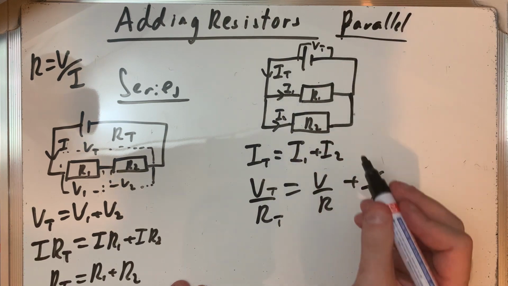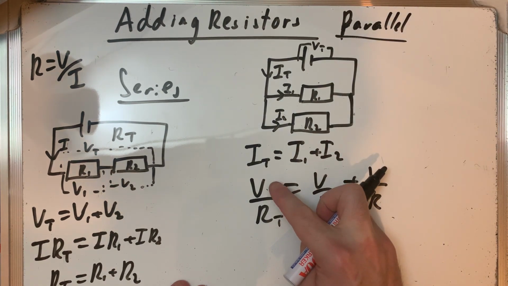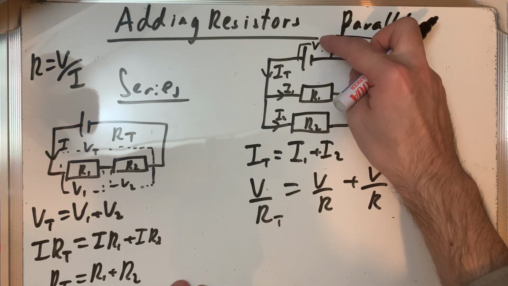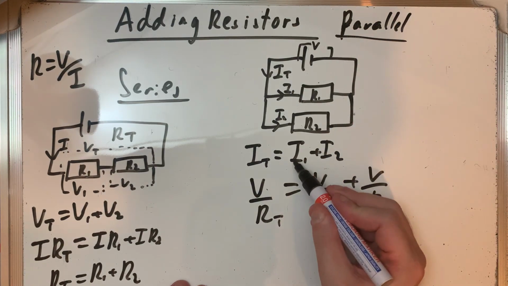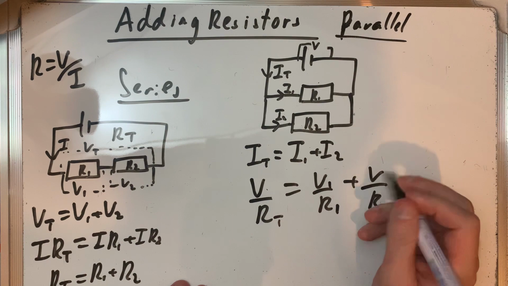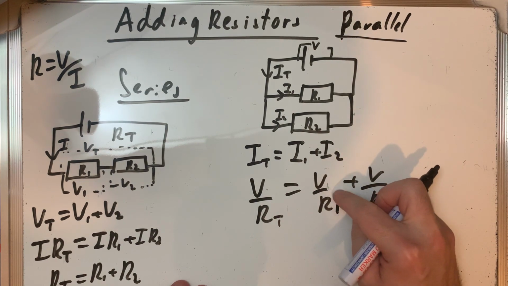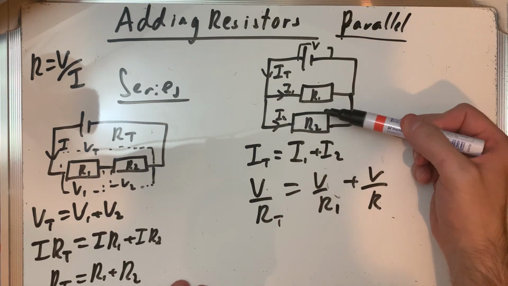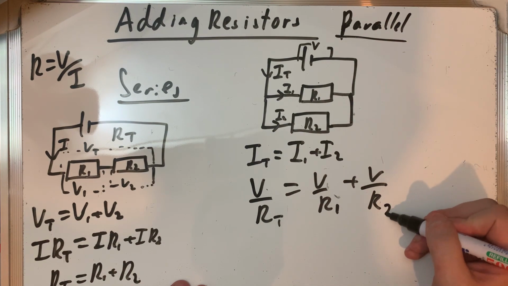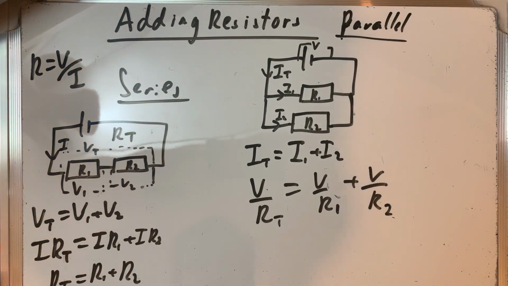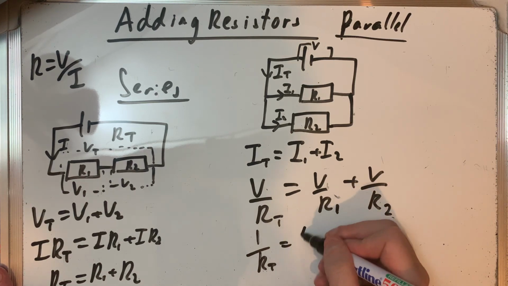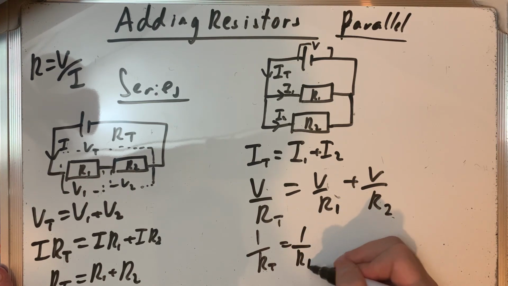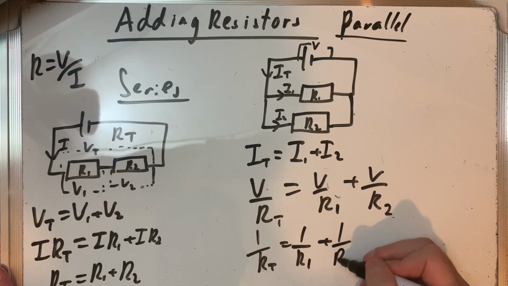Although as I'm only dealing with one voltage, I'll just call it V. And that's equal to V1 over R1. So I1 is V1 over R1. Okay, sorry, there is only one V. And I2 is equal to V2 over R2. There is only one V. So cancel the V's, and here we go. You add the reciprocals.